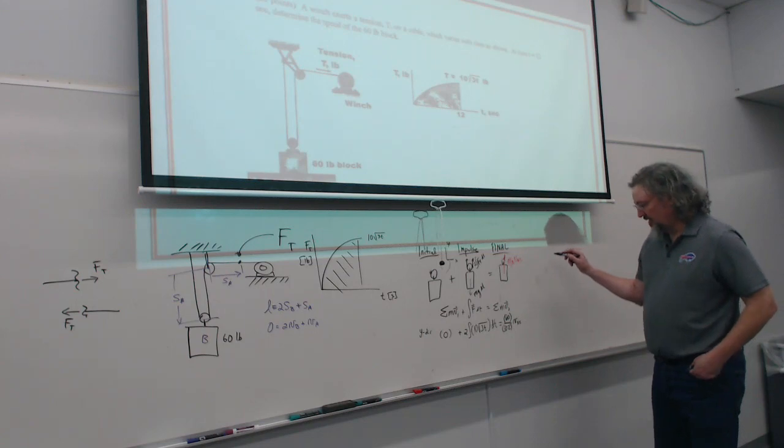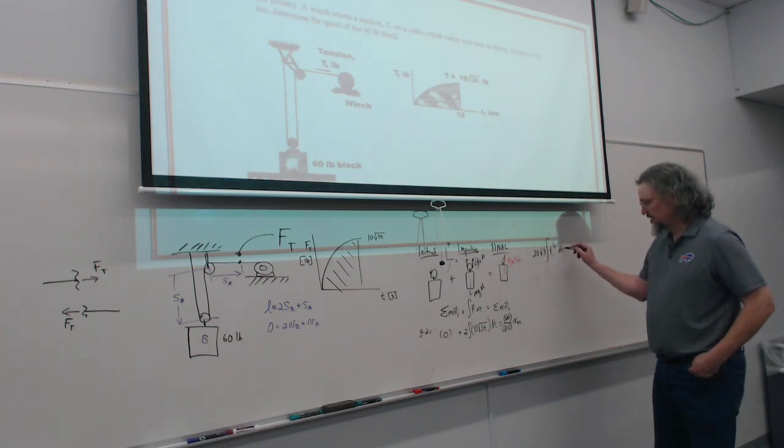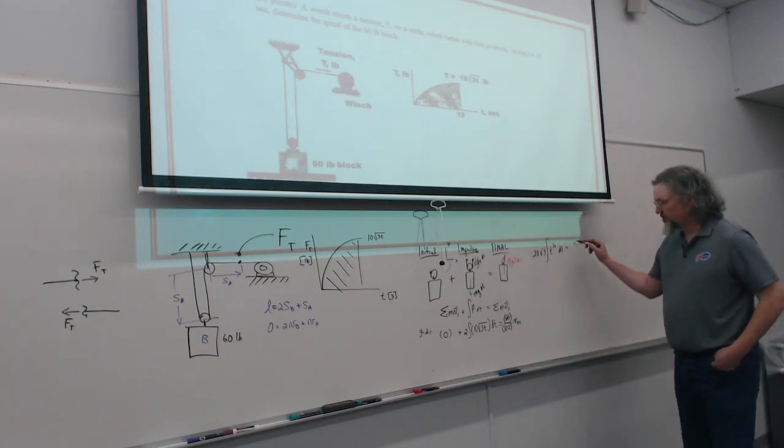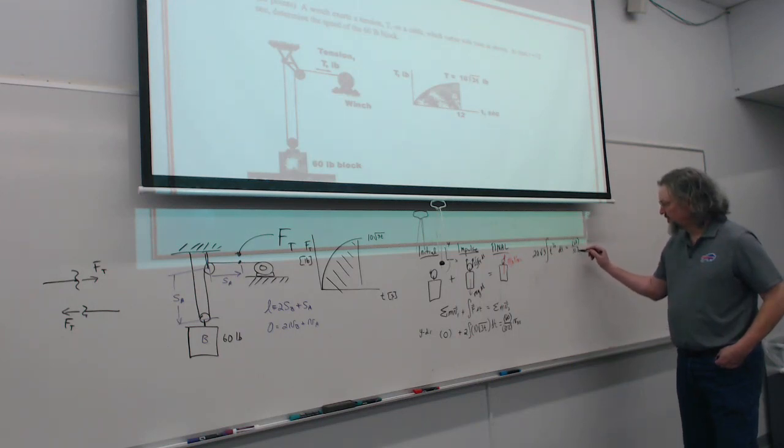So what's my strategy here? We're going to take 20 times the square root of 3, t to the 1/2 dt, is equal to, I'll write it down again, 32.2.